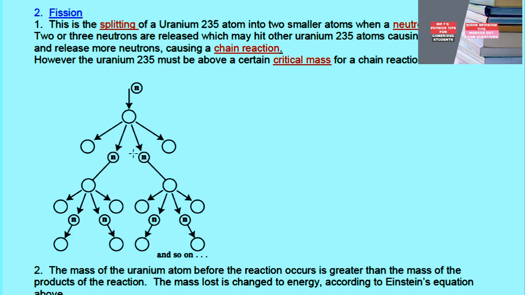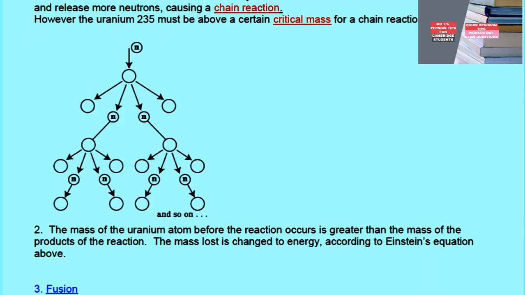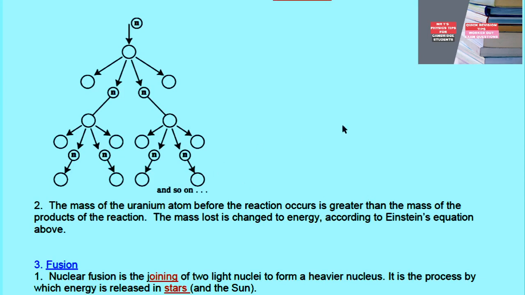The 2 neutrons are used again to bombard the uranium, and then you form another 2 neutrons this side and 2 neutrons this side. So as you can see, a chain reaction is started. The mass of the uranium atom before the reaction occurs is greater than the mass of the products of the reaction. The mass lost is changed into energy according to Einstein's equation above.